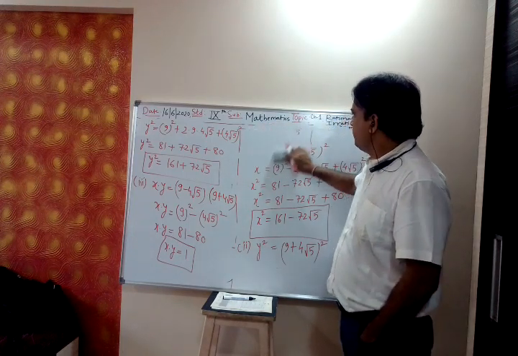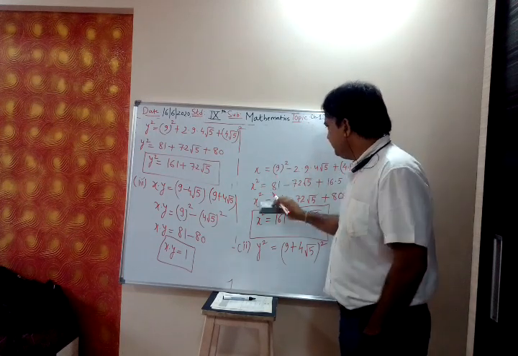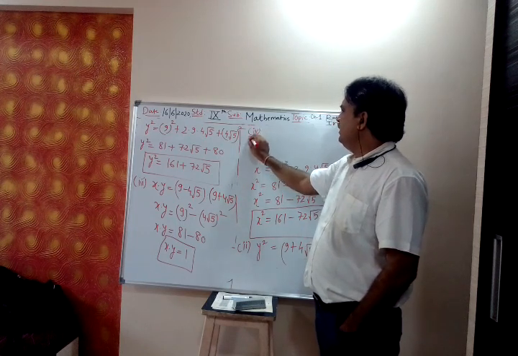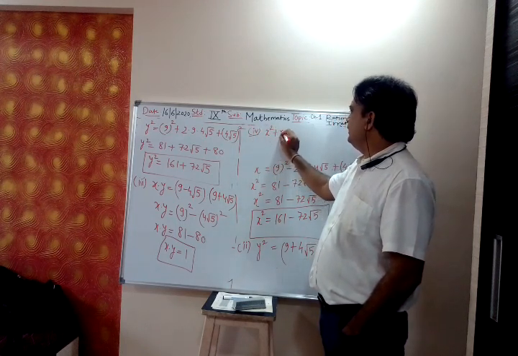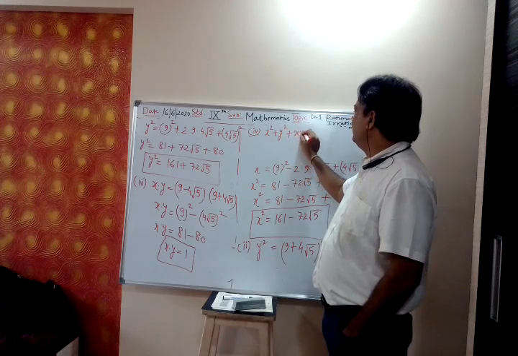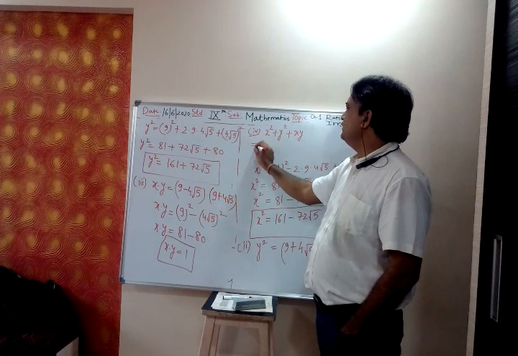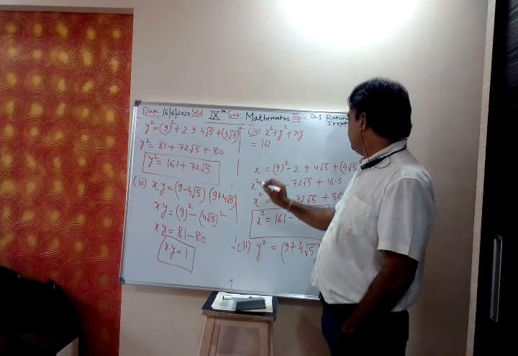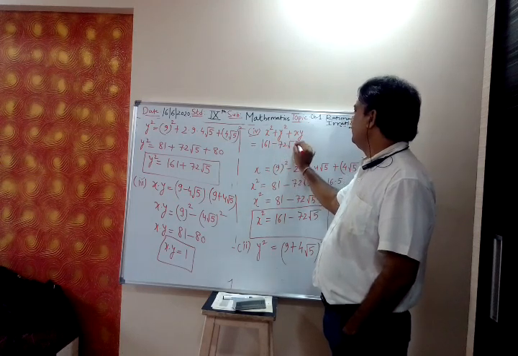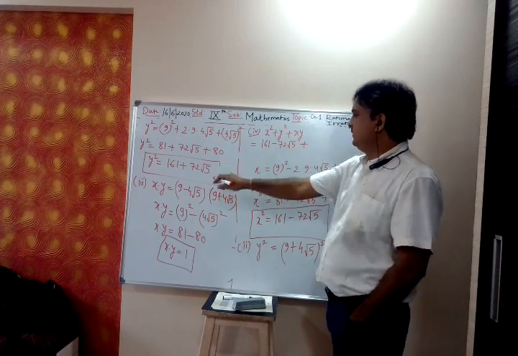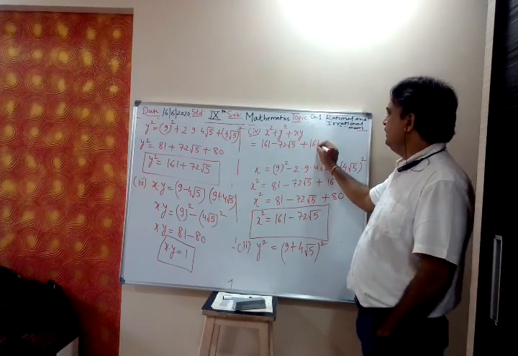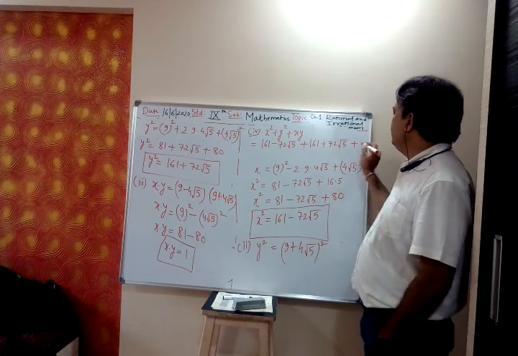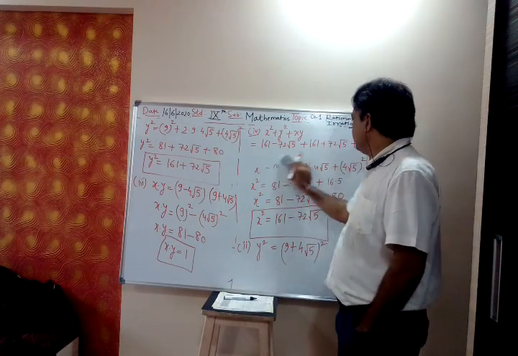Now find the fourth: x square plus y square plus xy. Let me explain. Anything not understood, then only ask. X square is 161 minus 72 root 5. X square plus y square, just substitute the value: 161 plus 72 root 5 plus xy value is 1.